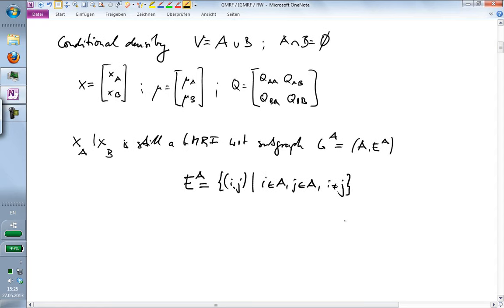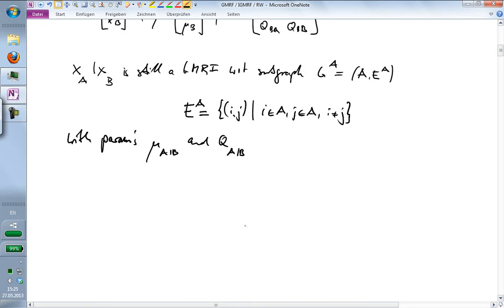So this is still the Gaussian Markov random field with parameters mu A conditioned on B and Q A conditioned on B. And you can show that QA conditioned on B is just QAA.